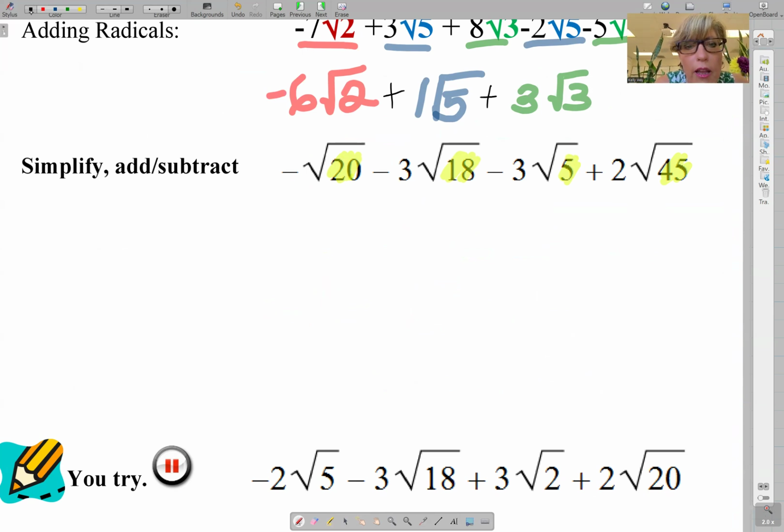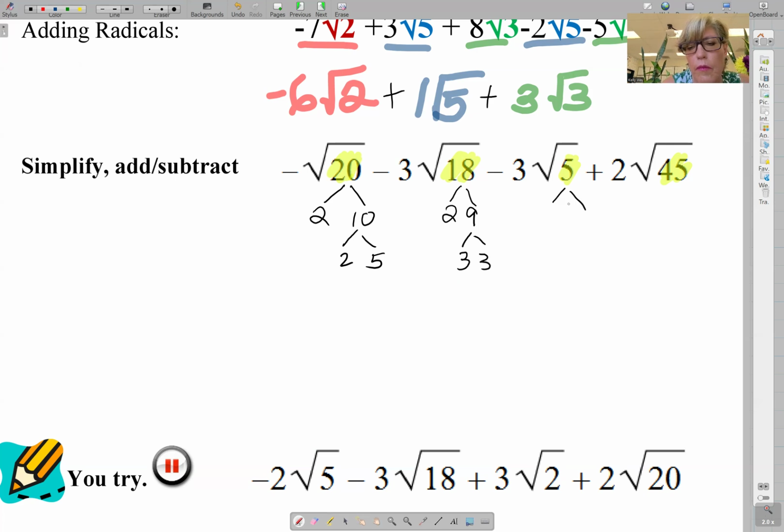So start factoring every single problem. So I factor tree all of them. You could also do that upside down ladder. It doesn't matter. And now I'm going to take out my pairs.